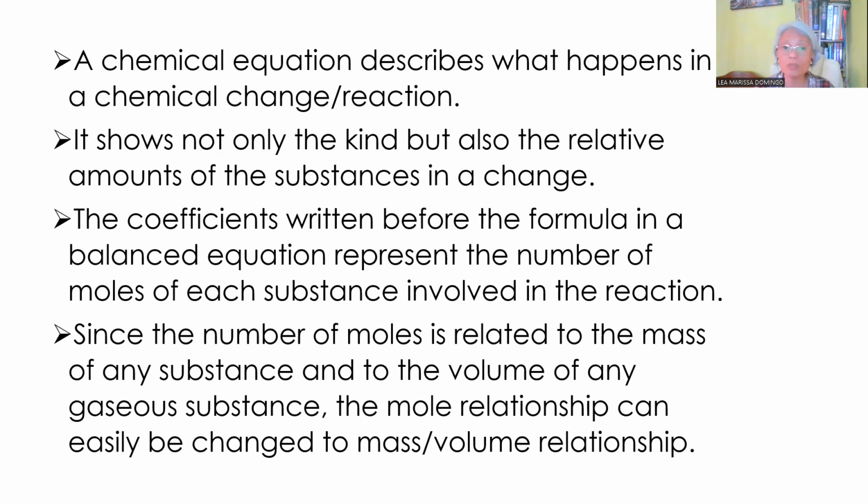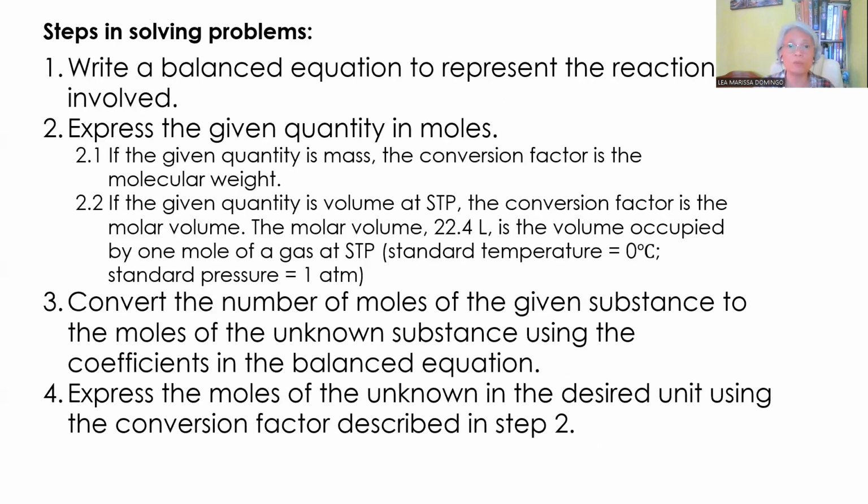Because the coefficients written before the formula in a balanced equation represent the number of moles of each substance involved. And since the number of moles is related to the mass of any substance and to the volume of any gaseous substance, then it is safe to surmise that the mole relationship can easily be changed into mass-volume relationship.